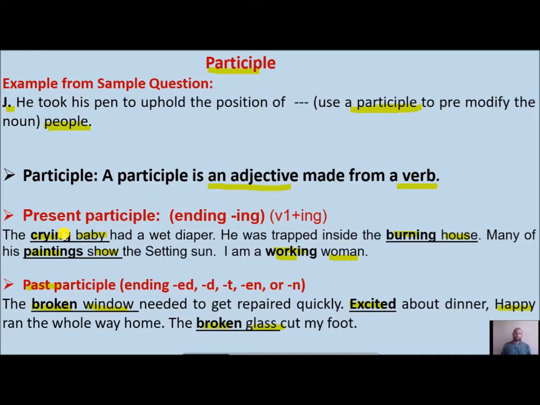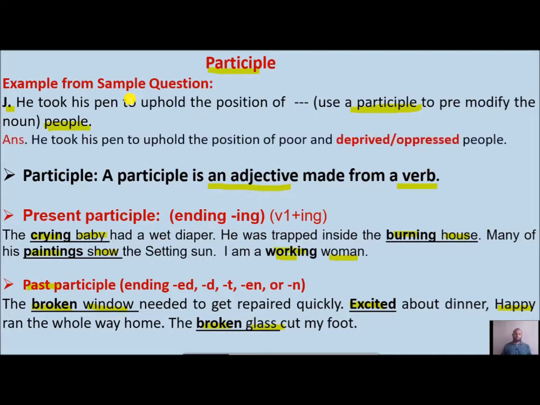So all the participles that work as modifiers act as adjectives. Okay, so now I think it will be easier for you, that whenever the question is like this, use a participle, you may use either a present participle or a past participle according to the situation of the question. Okay, so now let's see the probable answer of this question.